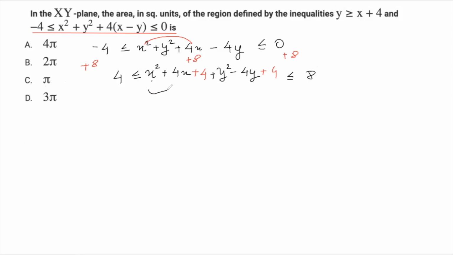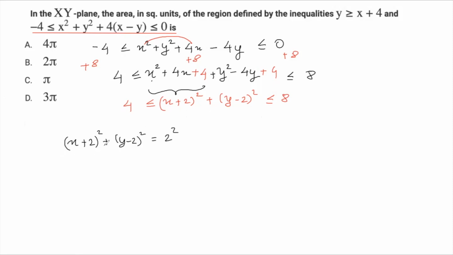So now I can very clearly see this part is actually (x + 2)² plus the next part is (y − 2)². So 4 ≤ (x + 2)² + (y − 2)² ≤ 8. Now, if I simply ignore the inequalities for a few minutes, let's focus on this part first. I have (x + 2)² + (y − 2)² = 4, which is 2².